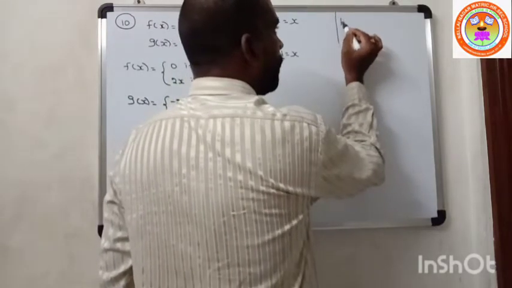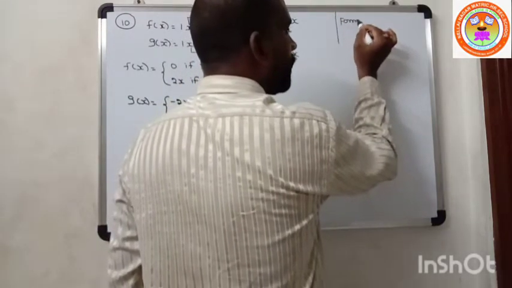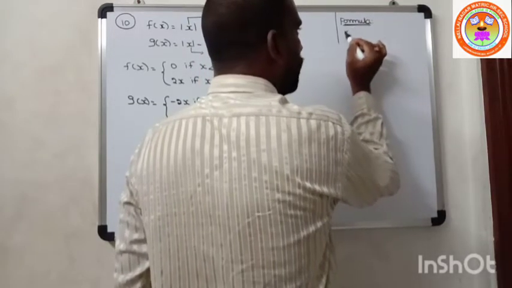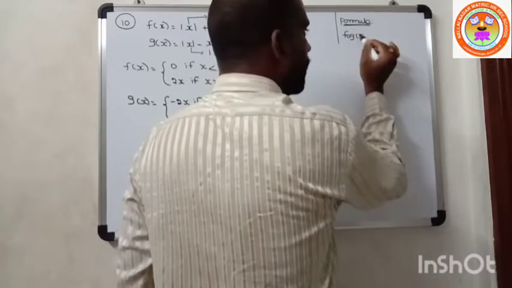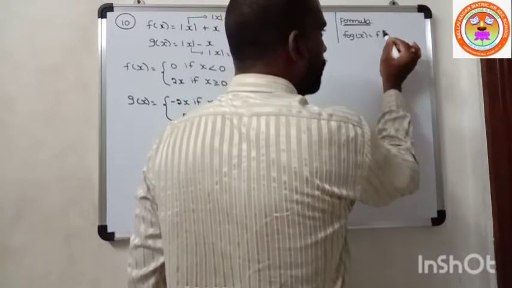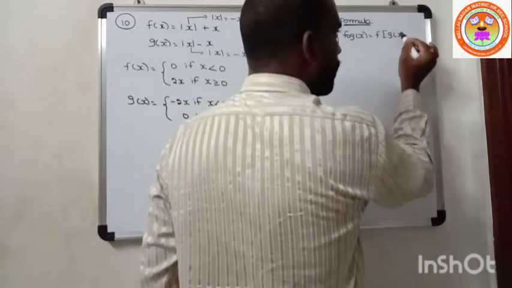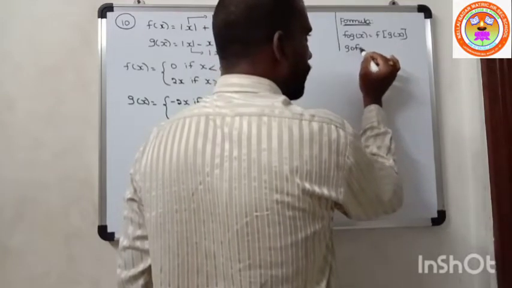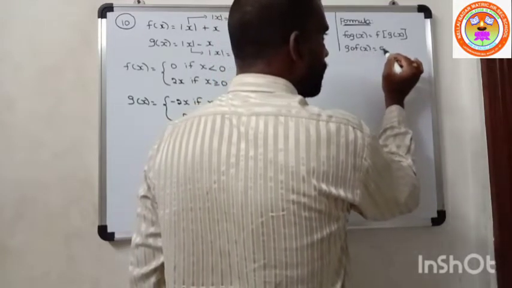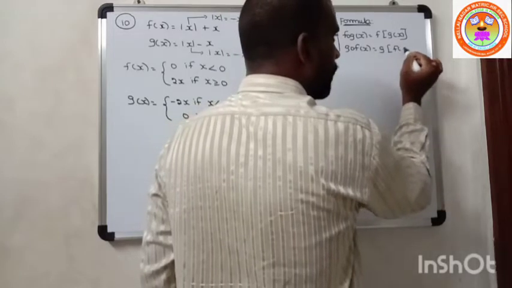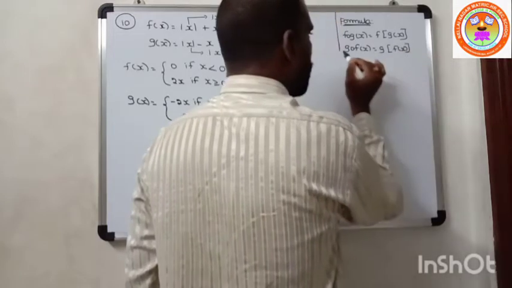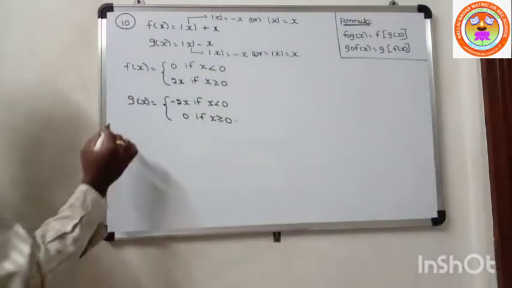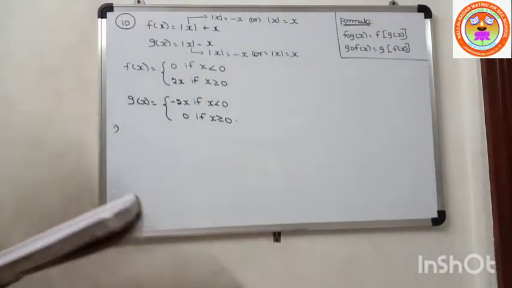We know the formula: f composite g equal to f of g of x. g composite f equal to g of f of x. First, f composite g.